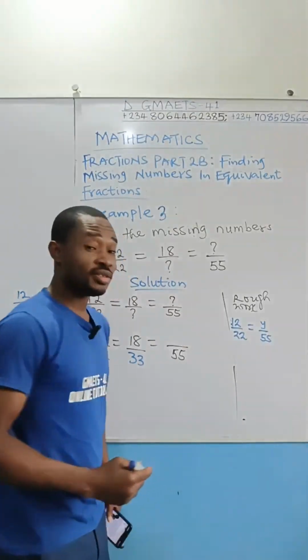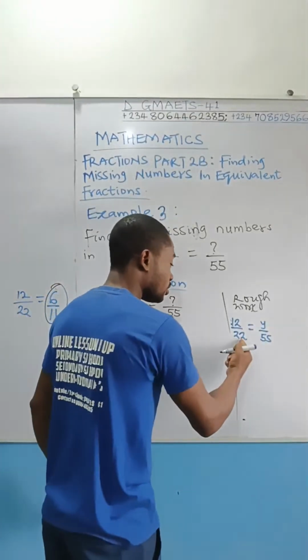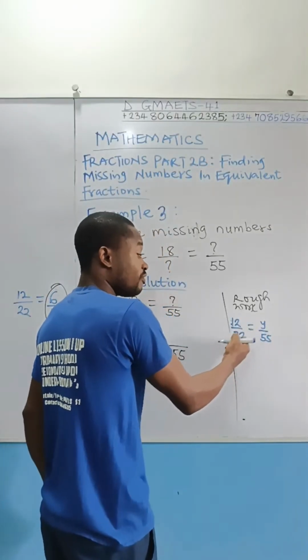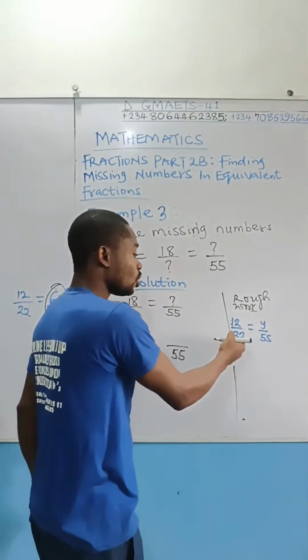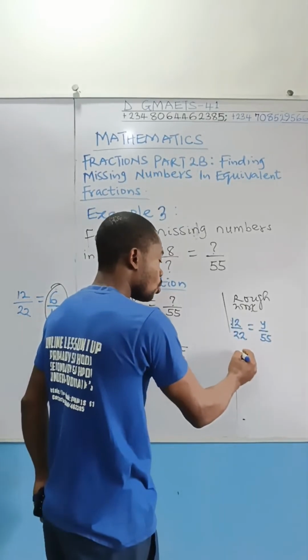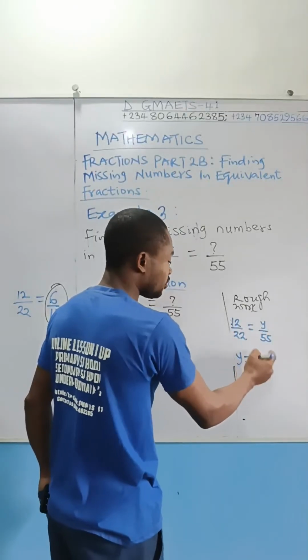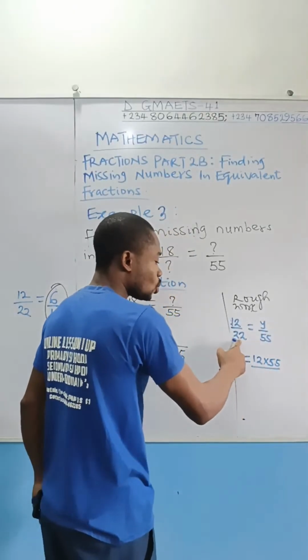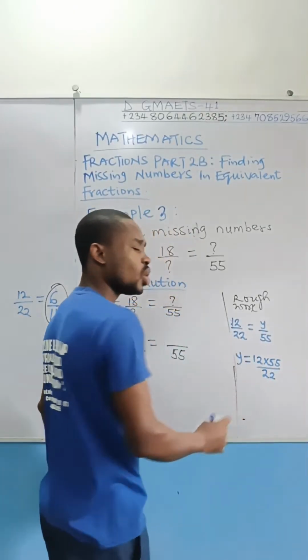In fact, my dear basic scholars, 22 times y will give you 22y. So the coefficient of the unknown is 22, which you are going to use in dividing both sides. Y is simply equal to 12 times 55 divided by 22, which is the coefficient of the unknown.